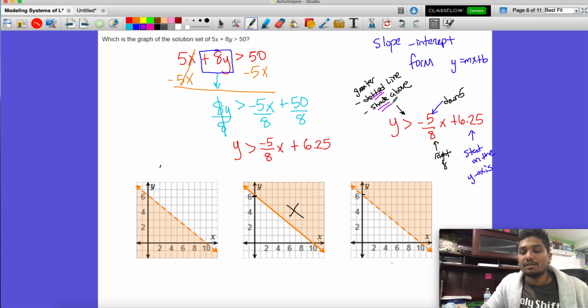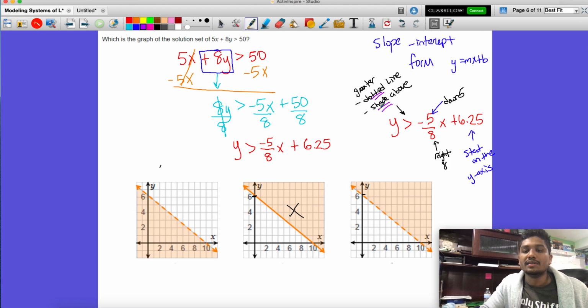One of them has to be shaded above, which we can't determine yet because we don't know if it's the correct direction. So looking here, we're going to be going down 5, so it looks like they went down 5, 1 2 3 4 5, and over 8. All right, it looks like all of that is correct. 1 2 3 4 5 over 8, 1 2 3 4 5 over 8.